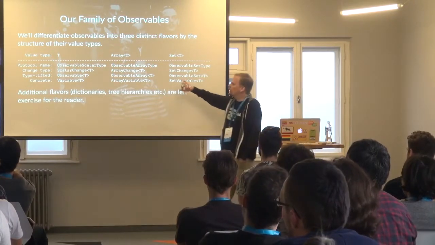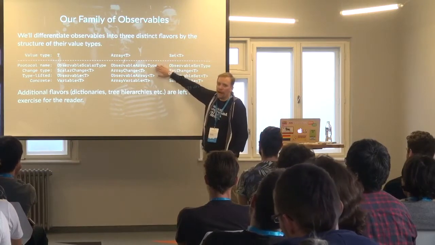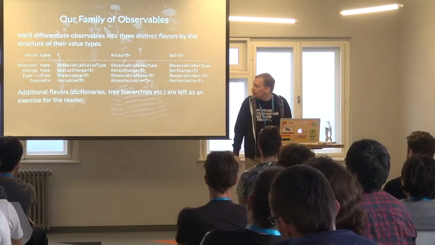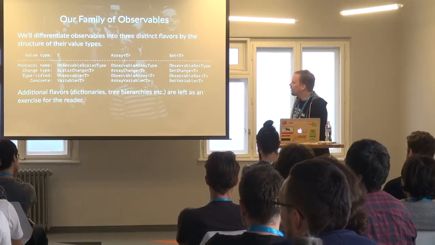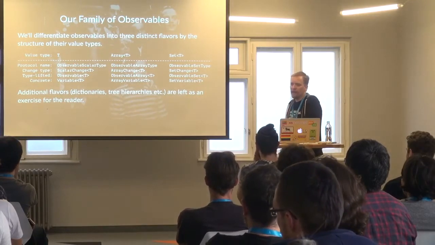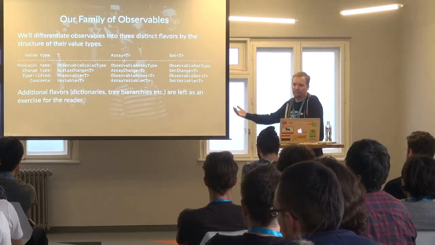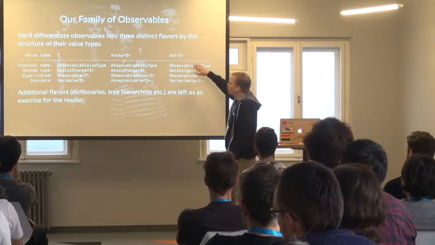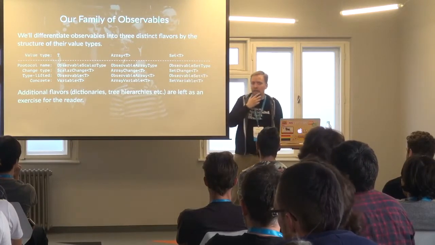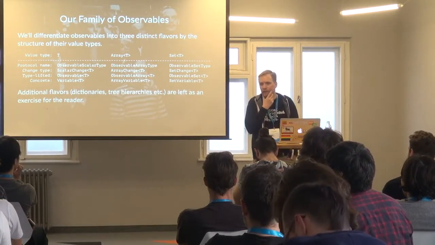I also have a representation for observable arrays, whose value is simply an array type. Not necessarily an array. It could be anything that's a linear, ordered sequence. And I also have a set, which is an unordered collection of something.